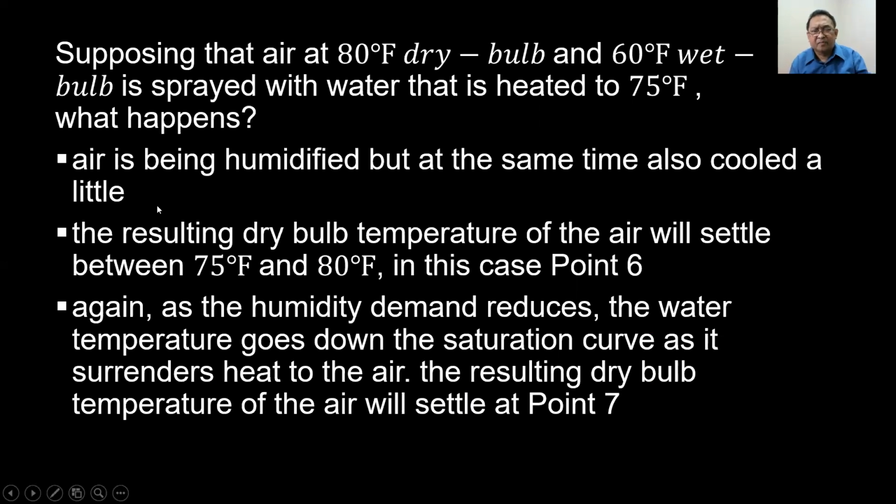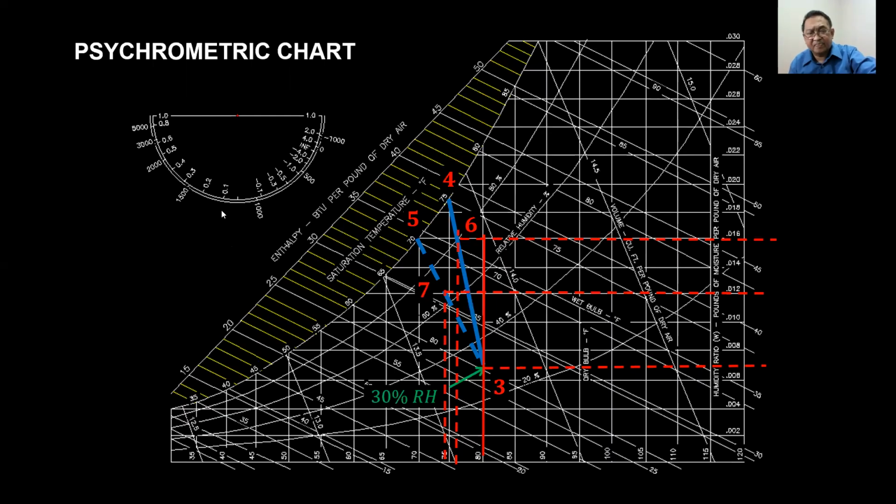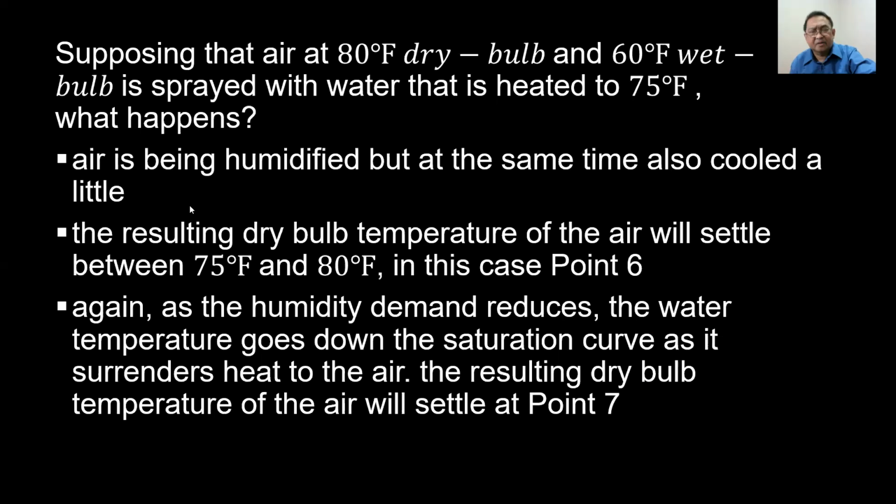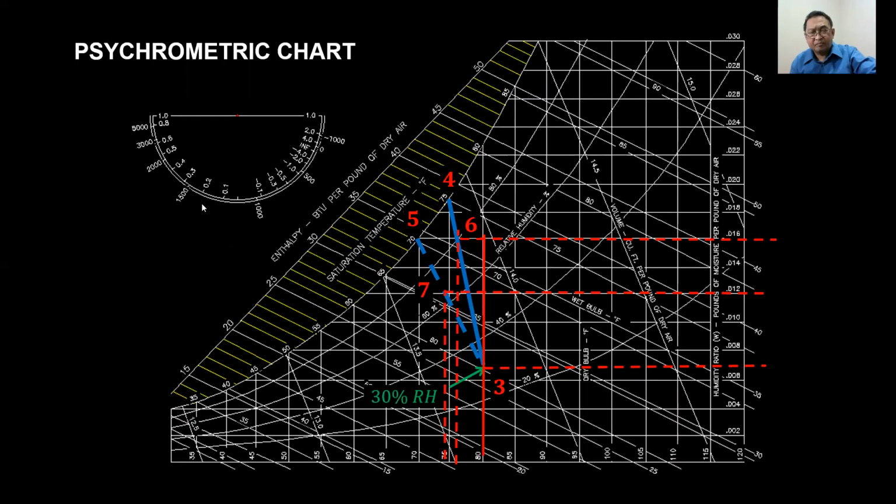The resulting dry bulb temperature of the air will settle at point 6, as I have shown to you. Again, if the humidity demand reduces, the water temperature goes down the saturating curve and surrenders heat to the air, and the resulting dry bulb temperature will settle at point 7.